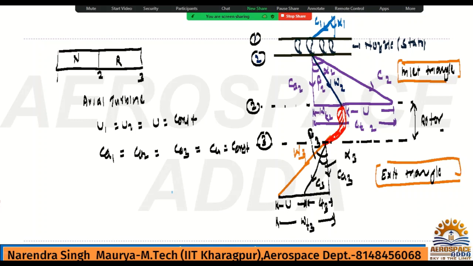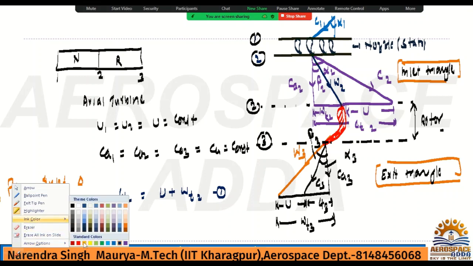So from the inlet triangle, what do we have? Check the mathematical calculation. You will get CT2 is equal to U plus WT2, number one.